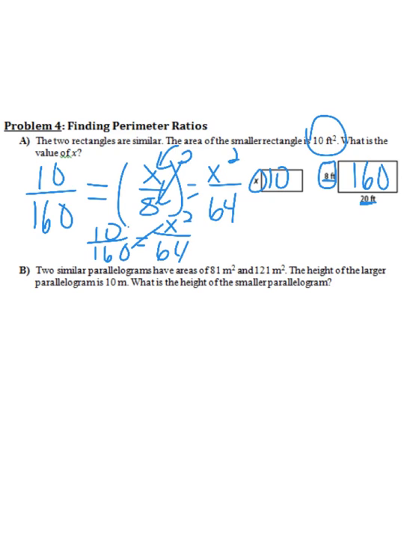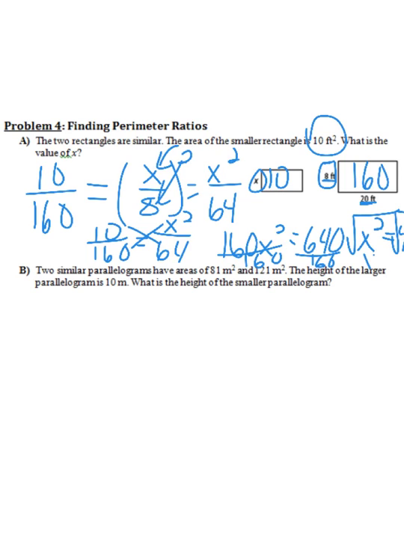Cross multiply, I'm going to get 160x squared is equal to 640. Divide both sides by 160. I'm going to get that x squared is equal to 4. Square root both sides, the square root of 4 gives me 2. X is going to be equal to 2.